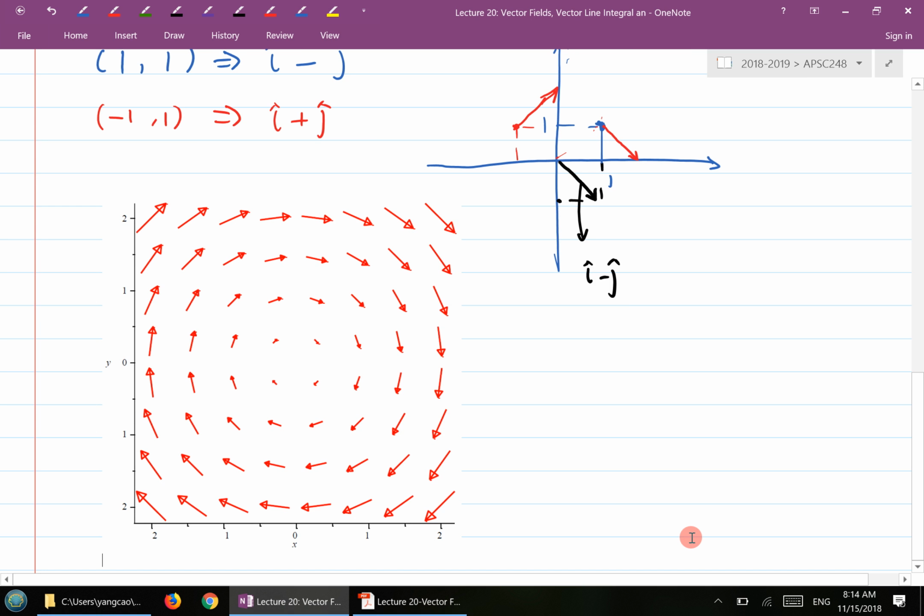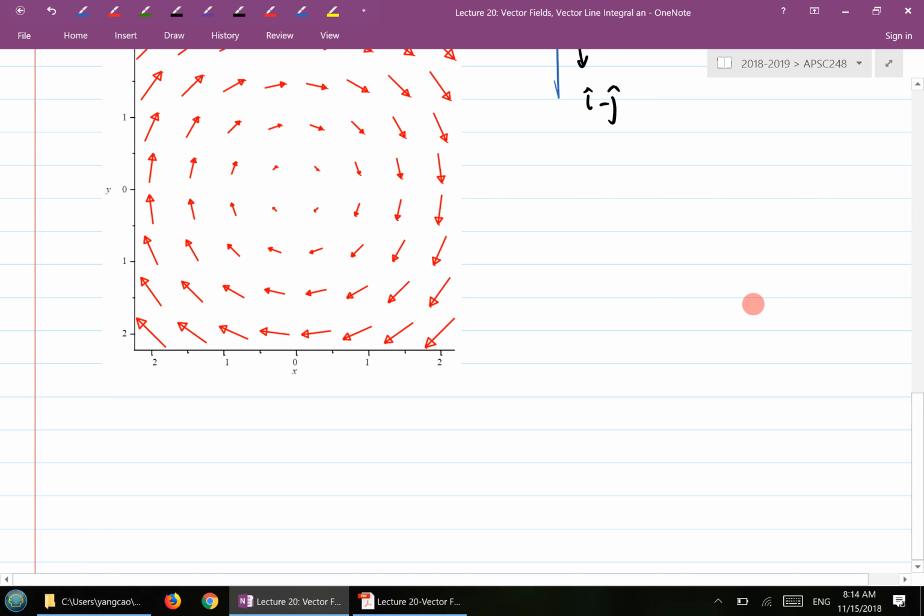And far away from the origin, you have a faster speed, something like that. Okay. It's not exactly a depiction of water flow or something, but it basically gives you a concept. This vector field represents the flowing of something in this manner. Okay. Good.